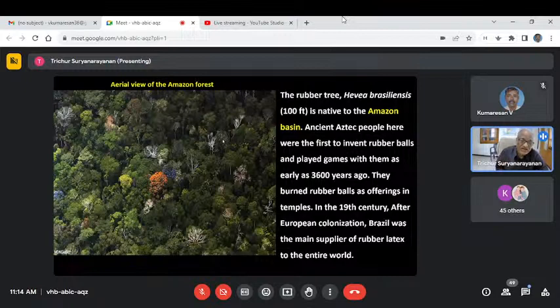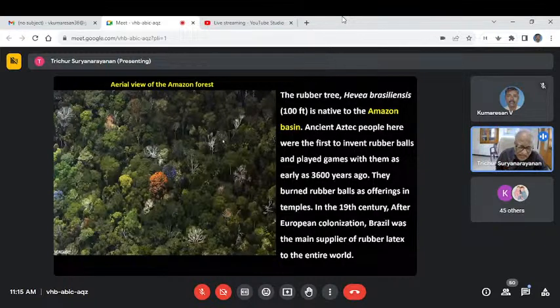The ancient Aztec people who were living in those regions, and also people from Mexico, made rubber balls from the latex of the tree and played games with that 3,600 years ago. So they knew about this rubber, and they used to burn rubber balls as offerings in temples. These are all historical findings.